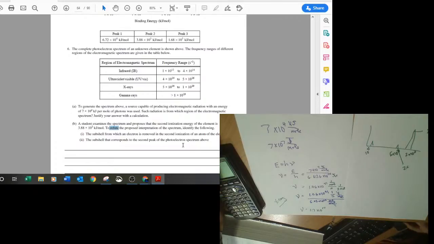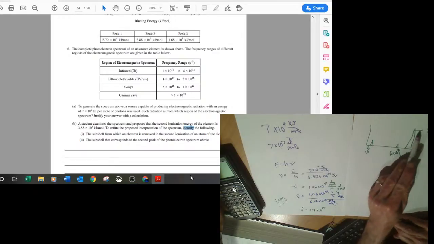Now, here's the thing. This is an incredibly easy problem if you're careful about it, because it says just identify. That's all they're asking you to do. It doesn't ask to explain, it just says to identify. So where are you taking the first electron from?